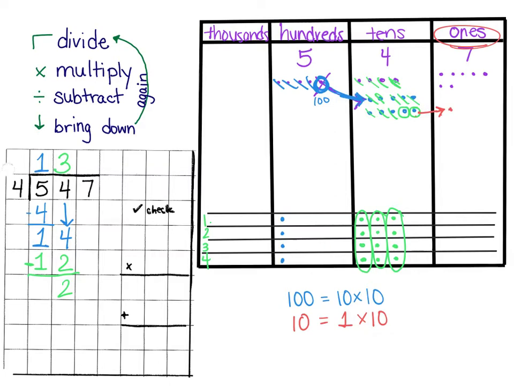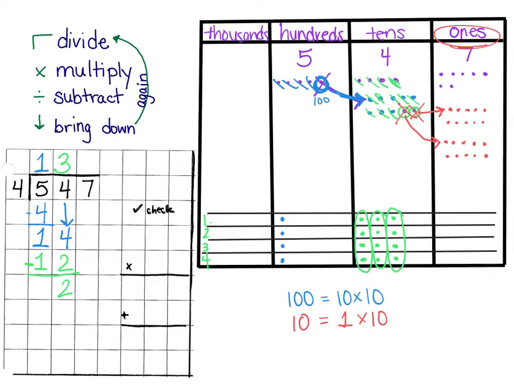So 1 ten equals 10 ones. And I have, there's 5, 6, 7, 8, 9, 10. And then I have this one, which equals 1, 2, 3, 4, 5, 6, 7, 8, 9, 10. I cross those out because I've already used them and moved them over.